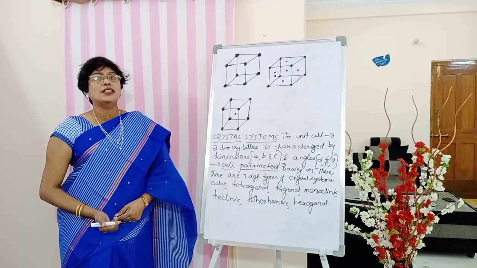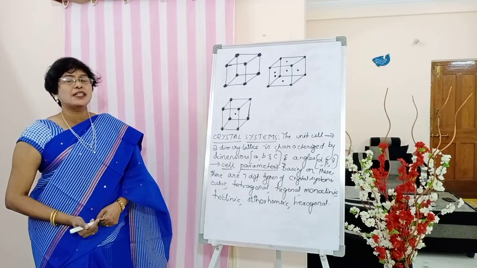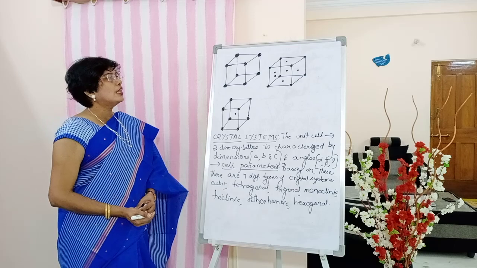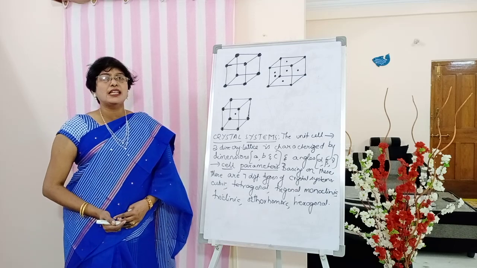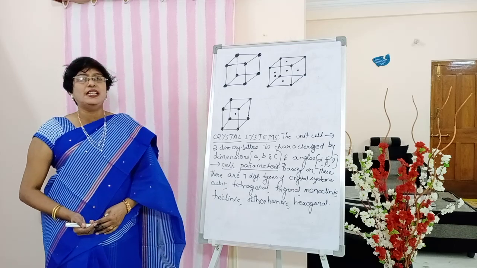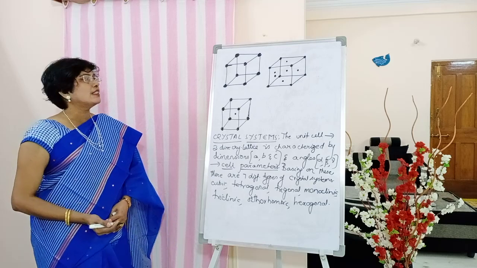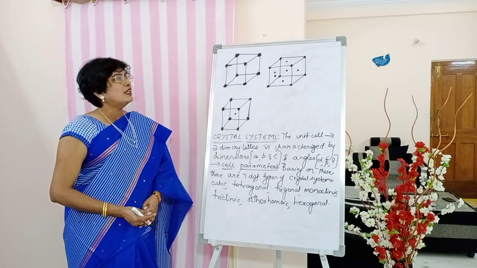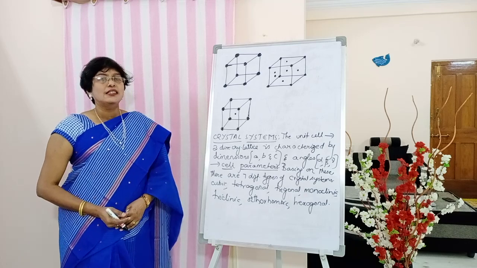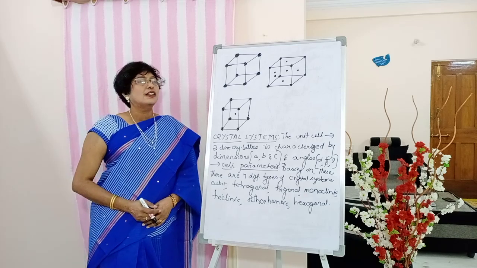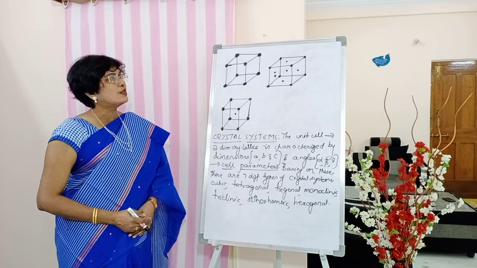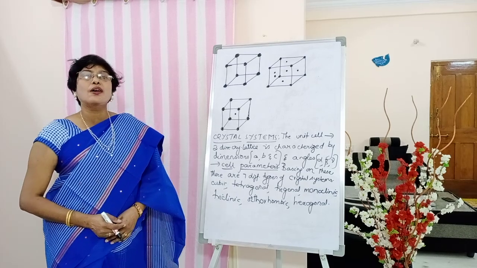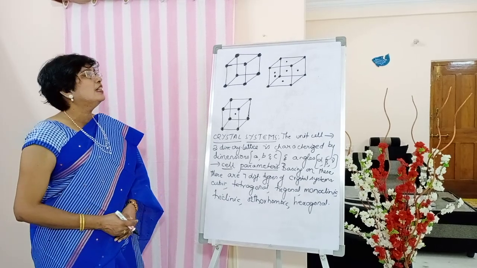Students, draw the 3 representations. First one is simple or primitive. In this, we can observe the arrangement of the constituent particles at the corners of the cubic crystal. Second one is face-centered. The constituent particles are arranged at the corners as well as the center of each face of the crystal.